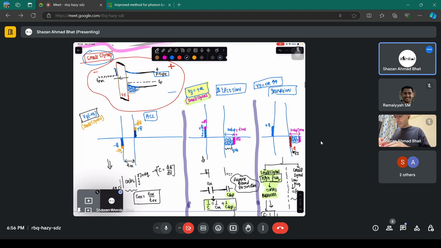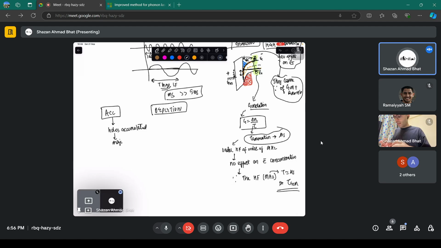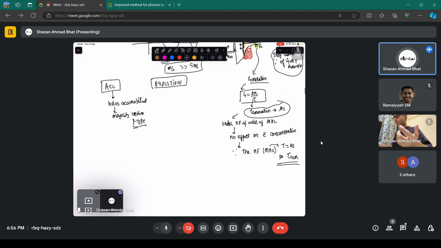These are the majority carriers in p-type. They don't have to come because of the generation or recombination mechanism, because they are majority carriers. So they can just quickly respond to the applied high frequency signal.